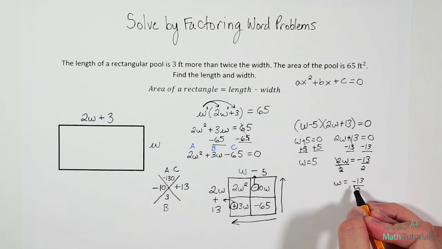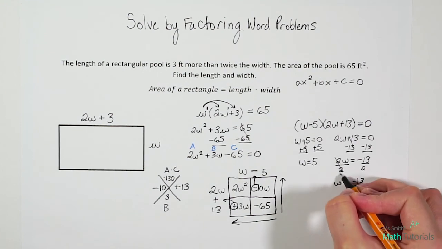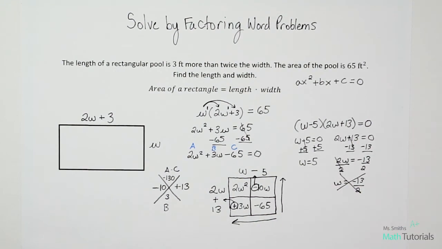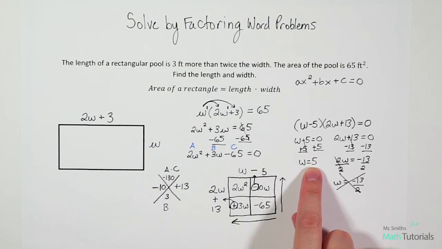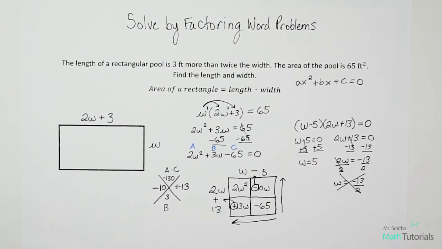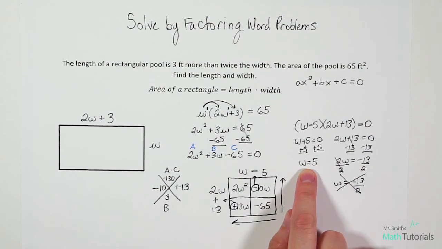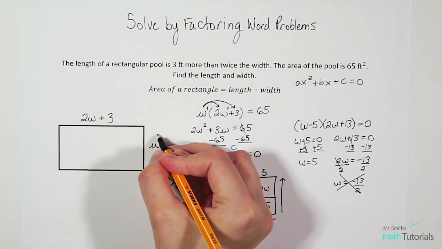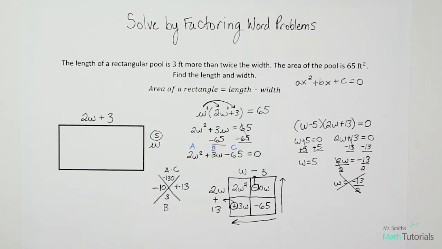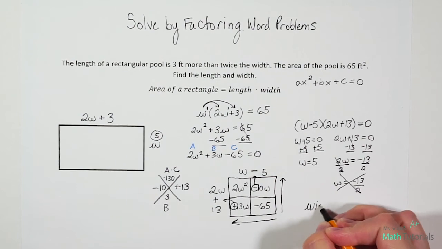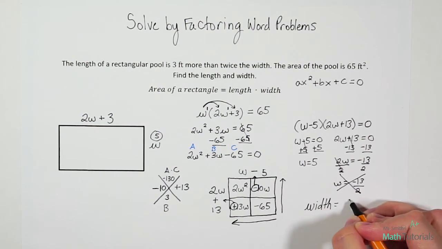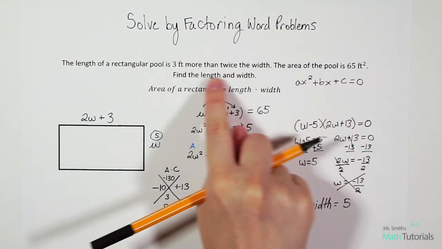So we can actually take our negative answer and throw it away. We only need the positive version because this is a real life problem. We know that w is 5, so our width is 5, and that's part of our answer. We can go ahead and write it out, that the width is 5, and don't forget our units were feet.